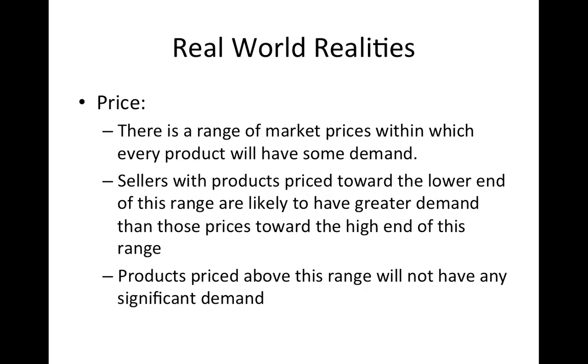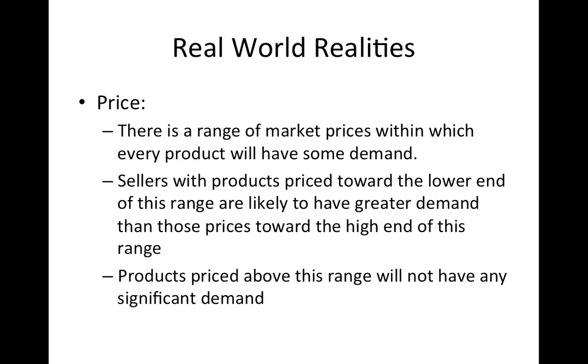The implications for price are this. There is not a single price. There is a range of market prices within which products have some demand. And so if you are a seller and you have priced your products within the range of where there's buyer demand, there is some probability that you will sell some products.